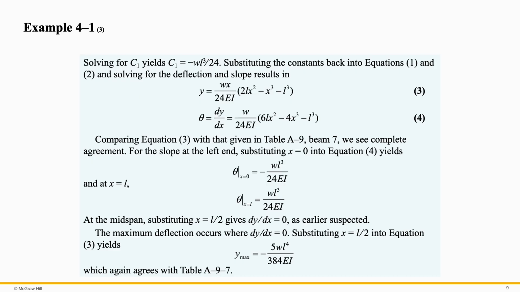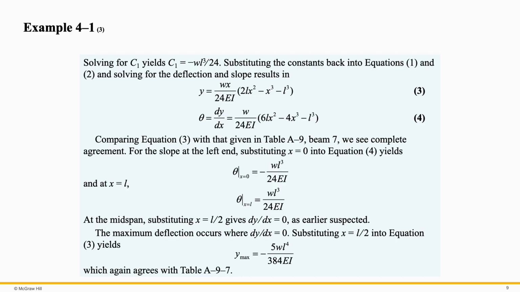So we know from solid mechanics that the slope at the midspan of this beam is equal to 0 because we have the maximum deflection. Please recall that if we have a simply supported beam which is subjected to a uniform distributed loading, it has the maximum deflection at the midspan of this beam, and the corresponding slope is equal to 0 because the slope is the first order derivative of the deflection function.